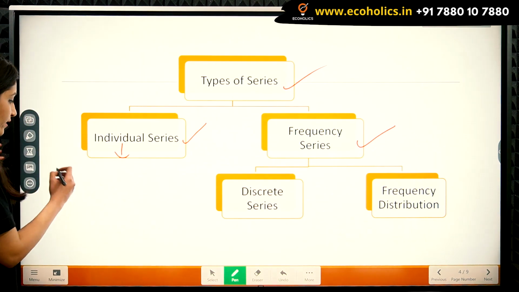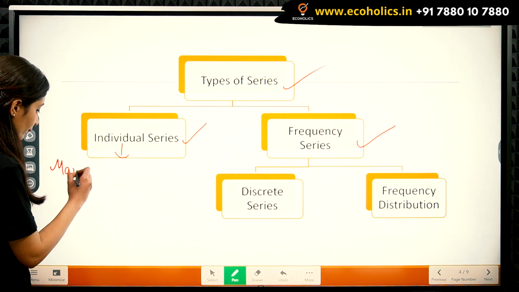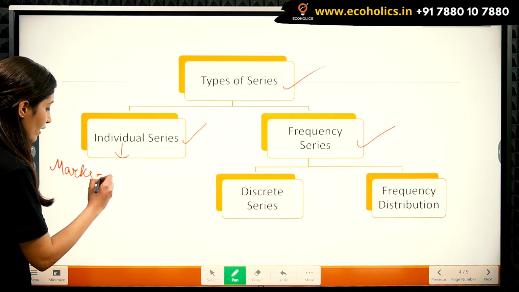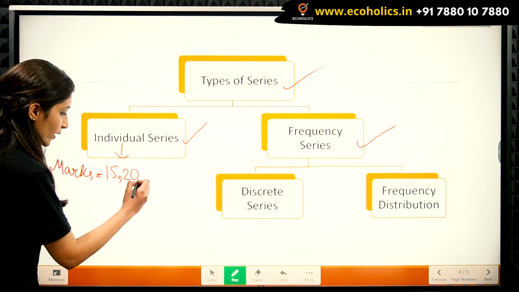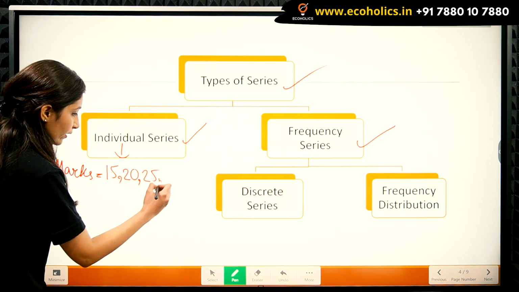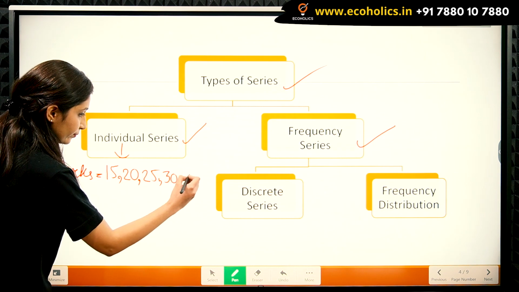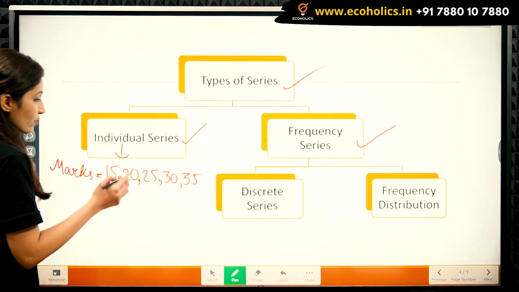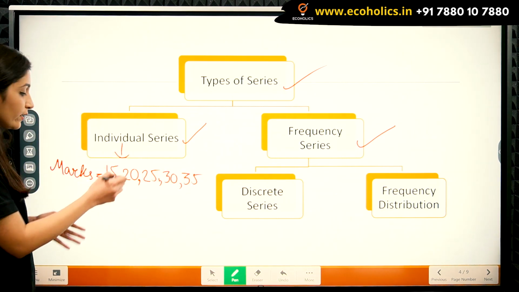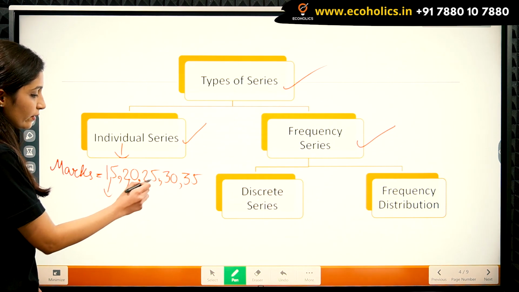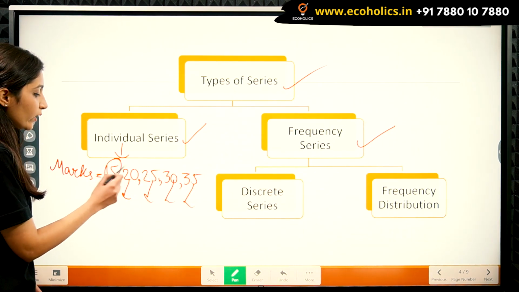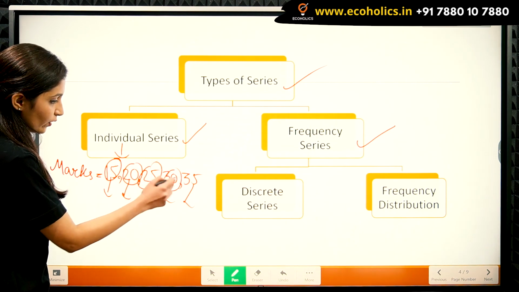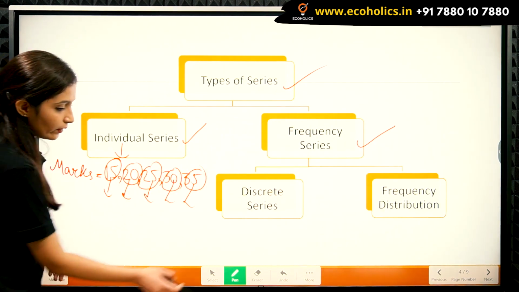Now let's take a very simple example. We have marks scored by students: 15, 20, 25, 30 and 35. In case of individual series, we do not have frequencies for different items of a series. Instead, we only have the values. So these are our values.